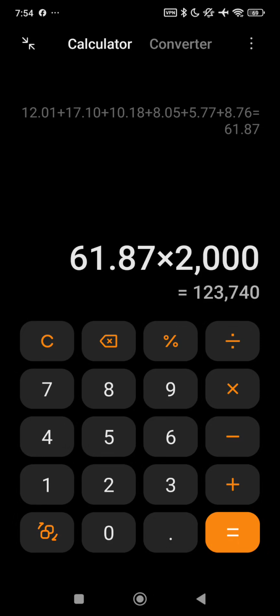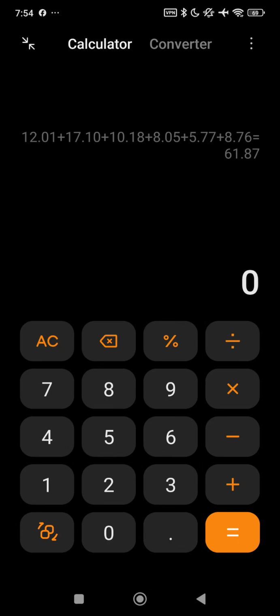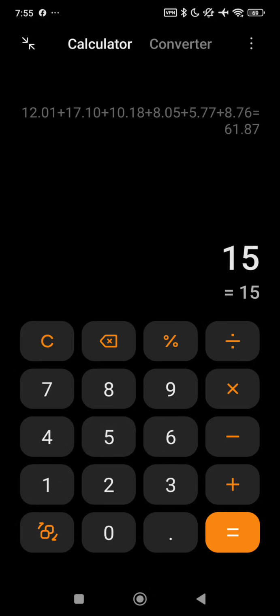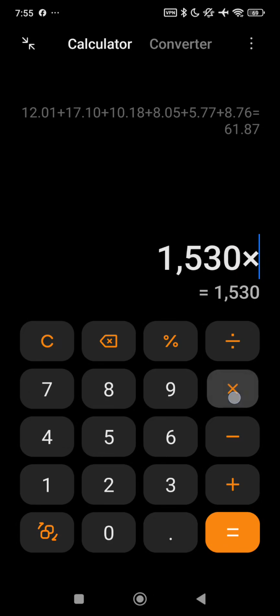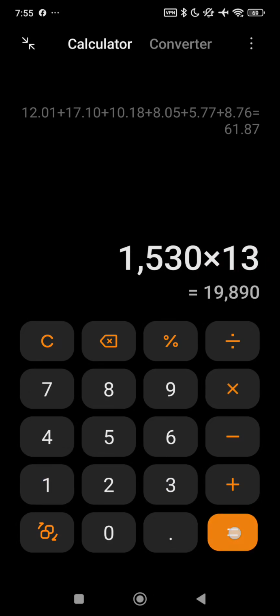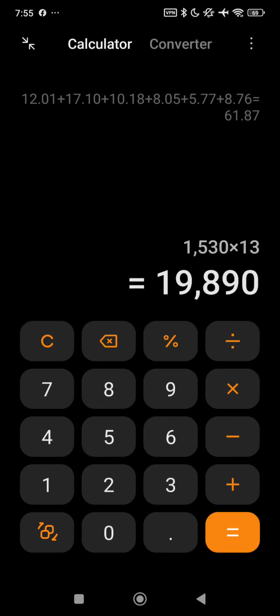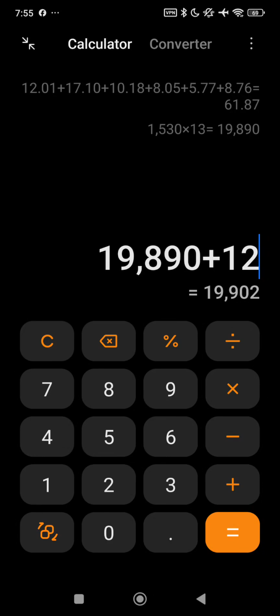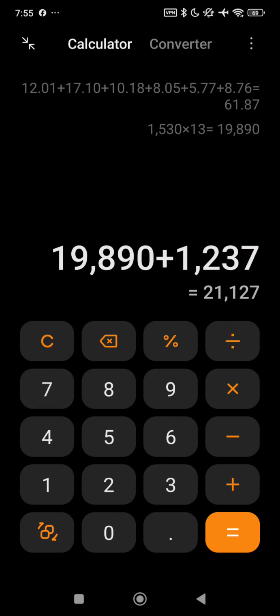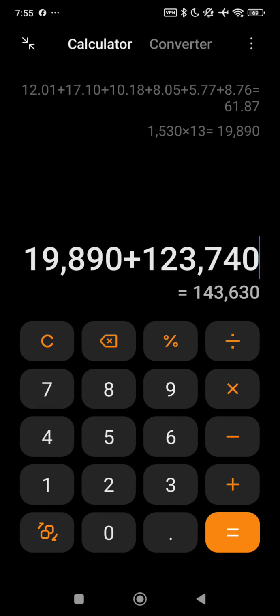Per dollar, let's say we are buying at 1,530, and 1,530 times 13 gives 19,890. So I spent 19,890 and I subtract it from 123,740.